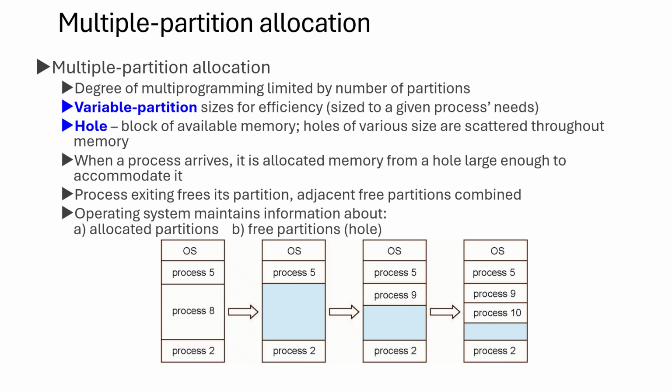So holes of various sizes are scattered throughout the memory. When a process arrives, it is allocated memory from a hole large enough to accommodate it. When a process exits, it frees its partition, and adjacent free partitions are combined. So this may be combined using allocated partition or free partition hole.